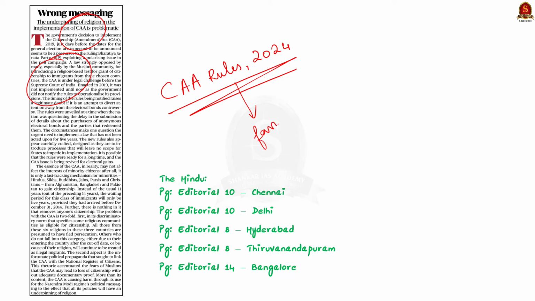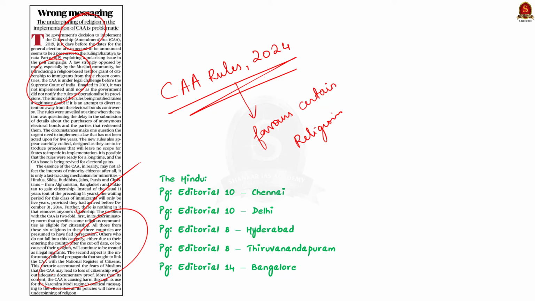The government is going to face the election in a few days and it is implementing these controversial rules just before the election. What will happen in the general election? The majority of Hindus will cast their votes for the party which implemented the rules and the party will form the government again. The author of the article is criticizing this diversionary tactic of the government to gain votes. So this is what the article is talking about.